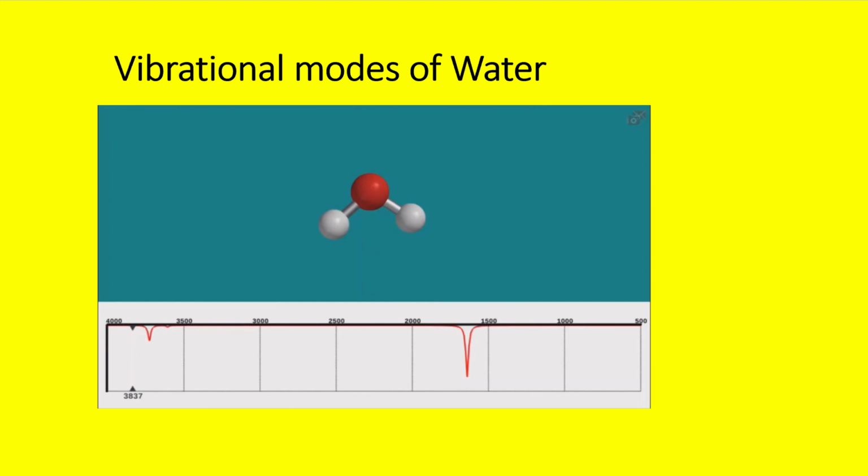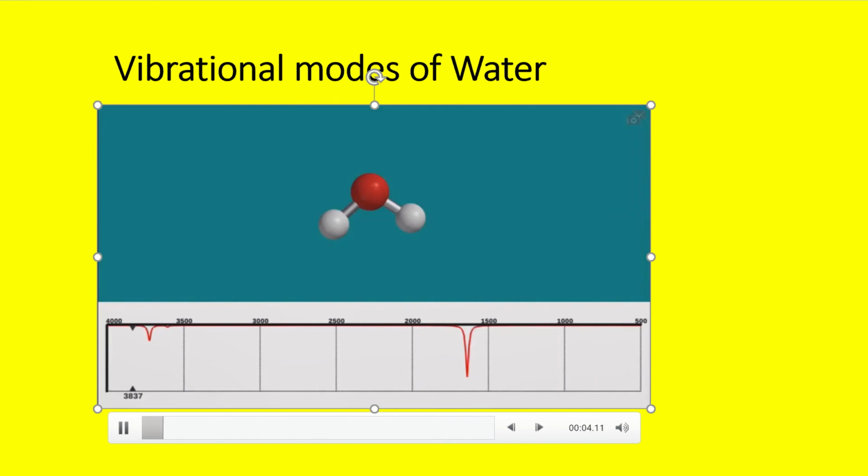All right, so taking this video example, here we're going to take a look at a water molecule, and below it is just a sample IR spectrum of water. Water has these different places where it absorbs IR energy to give these different vibrational modes. The first one here we'll look at is 3727, where we have this stretch between the oxygen and hydrogen, and this in fact is an asymmetric OH stretch.